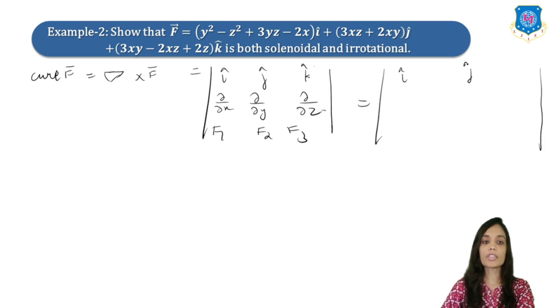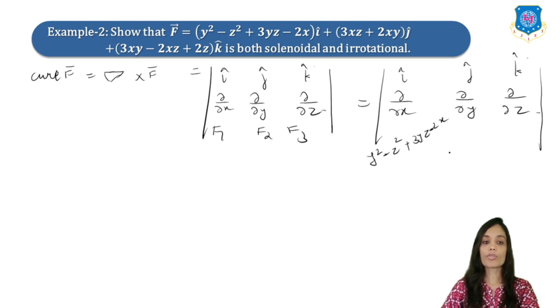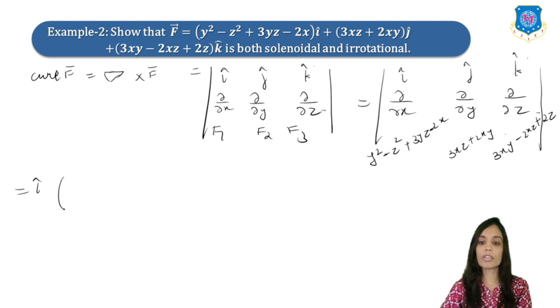Your f1 is y square minus z square plus 3yz minus 2x. Your f2 is 3xz plus 2xy. And last value of f3 is 3xy minus 2xz plus 2z, right? Now we just have to solve the determinant.